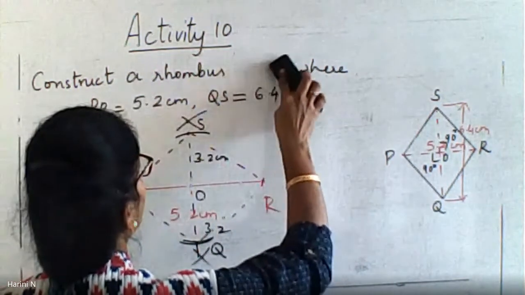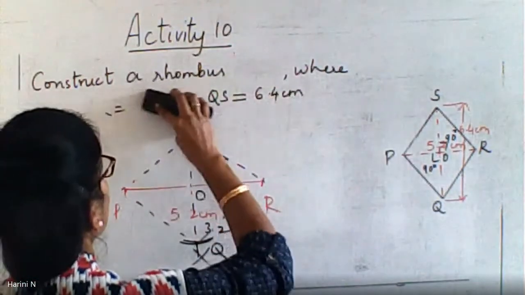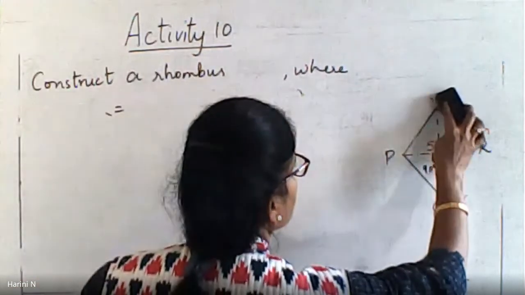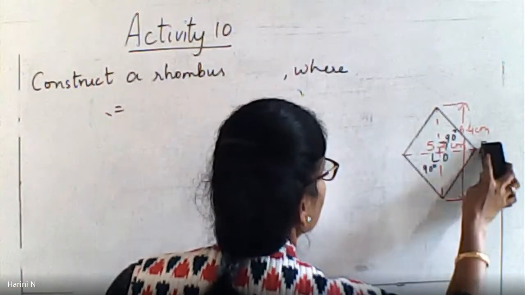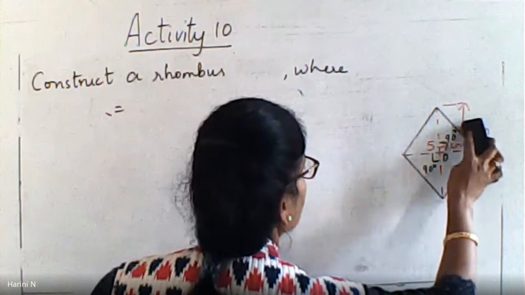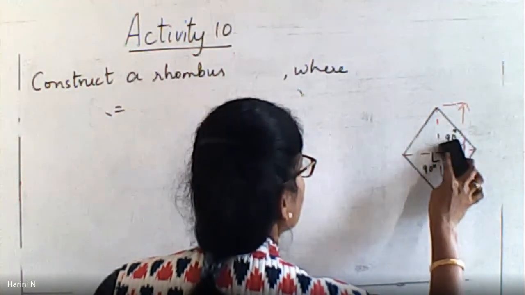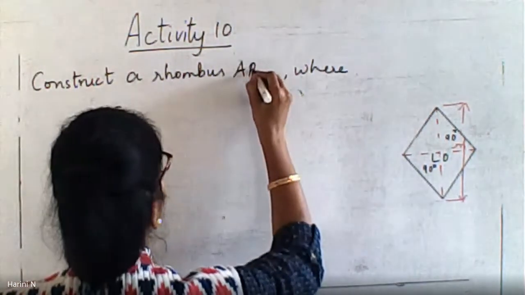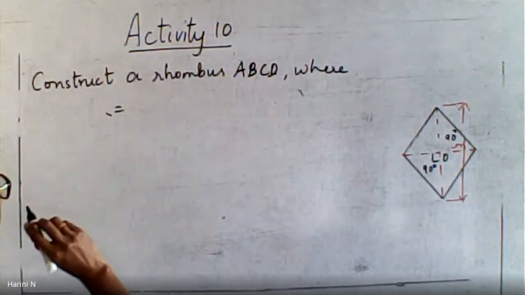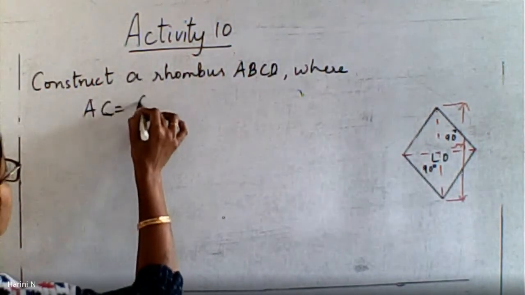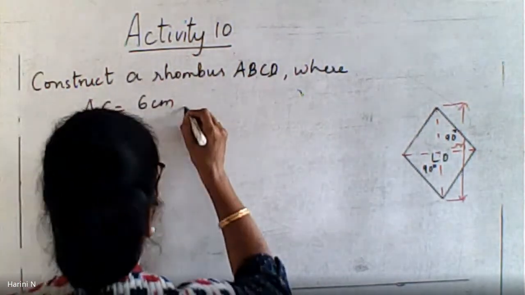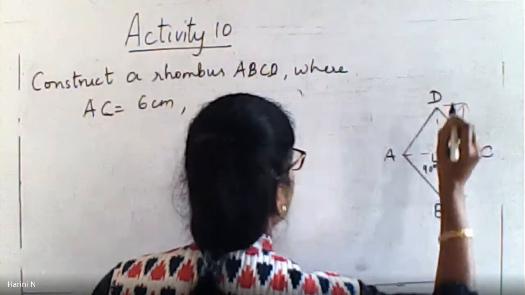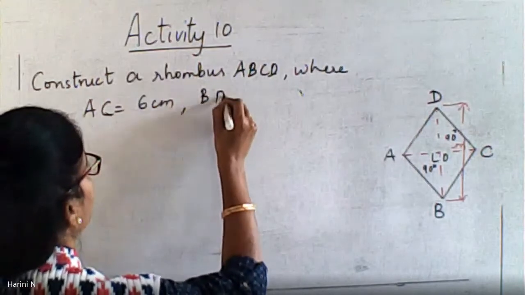Let us not follow PQRS. Yeah. Consider rhombus ABCD. There, your AC is 6 centimeters, and your BD is 8 centimeters.